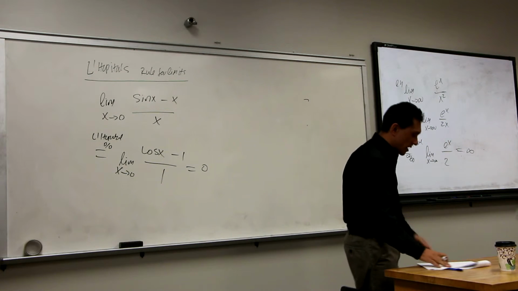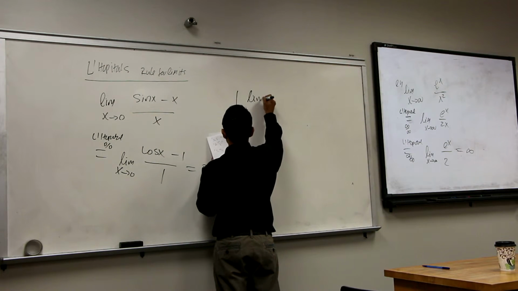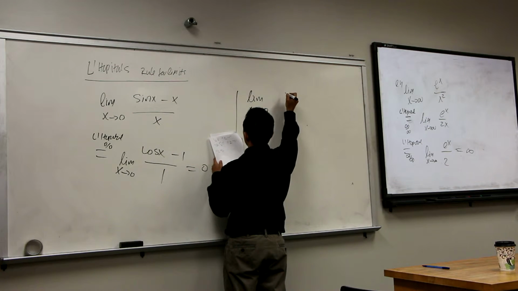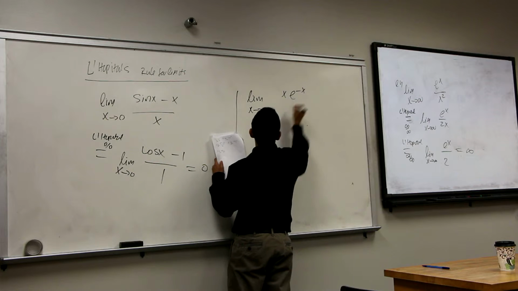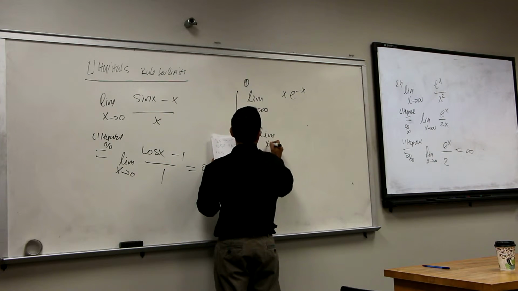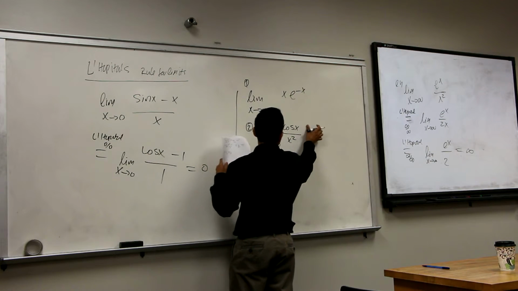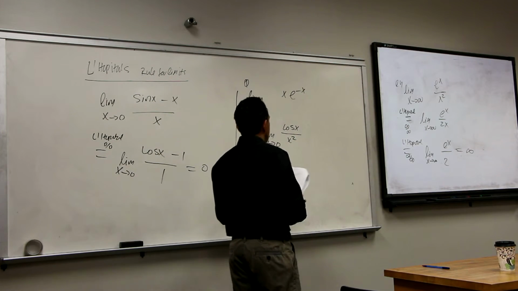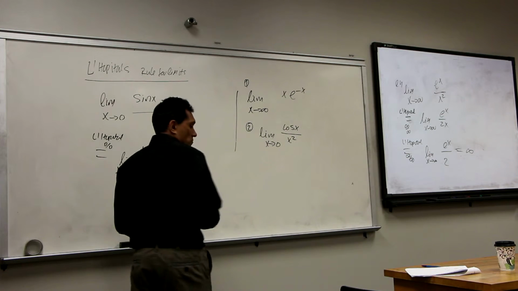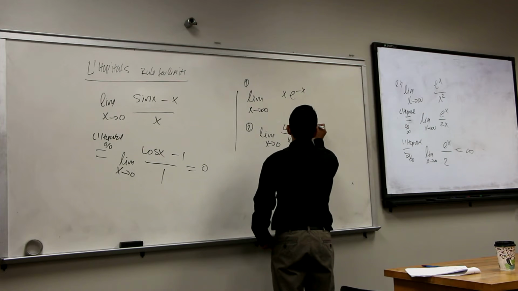Would you like to try it, Mr. Boji? There you go. Try these. Oh, this one is cosine x minus 1.